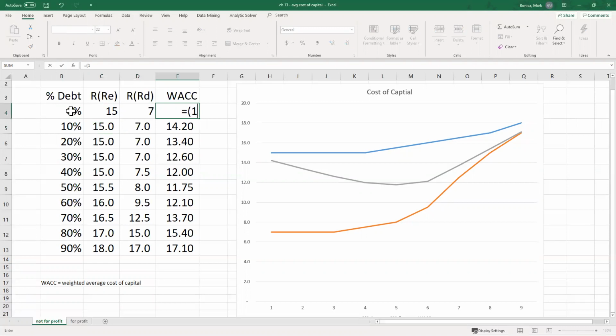I'd have to do this calculation. 1 minus the percent of debt times the required rate of return on equity plus the percent of the debt times the required rate of return on the debt.